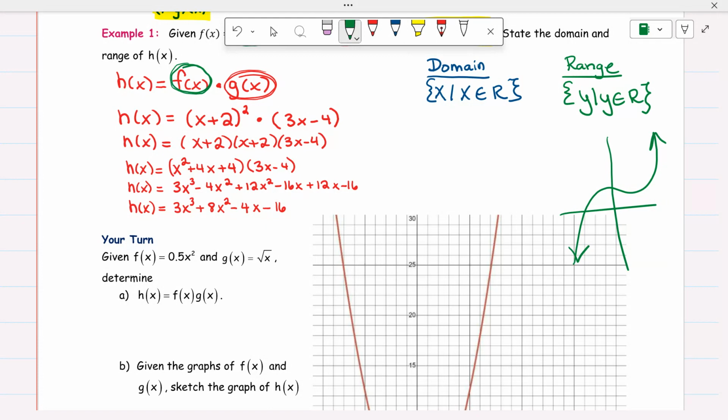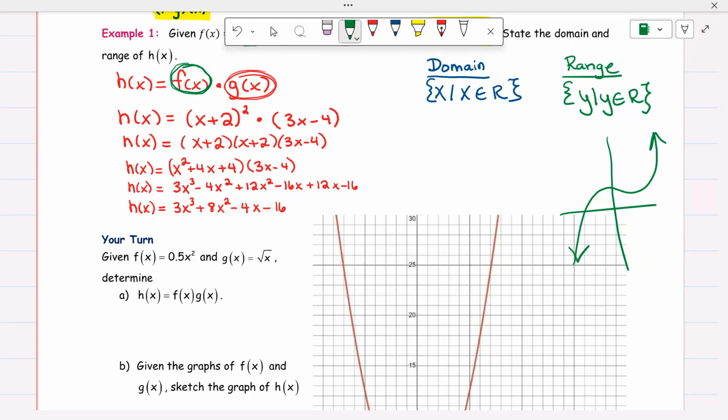Just a quick reminder, guys. If this was a degree 4, would we for sure have to use our calculator? Yes, if it was a degree 4, you couldn't do this with paper and pencil just using your head. You know that a degree 4 or a degree 6 or a degree 2 has a bottom or a top. So if it was a degree 2 or a 4 or a 6, you'd have to go to your calculator and calculate the bottom. You'd have to go to minimum, or if it was the bottom, it would be a min.